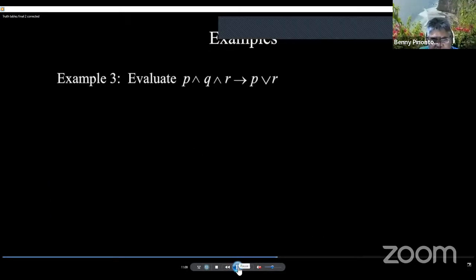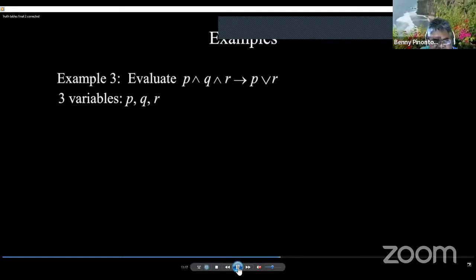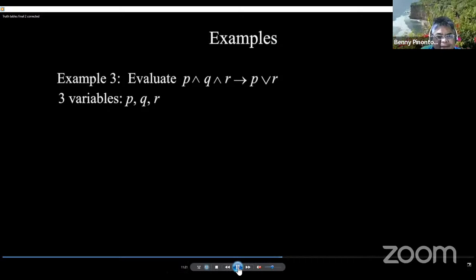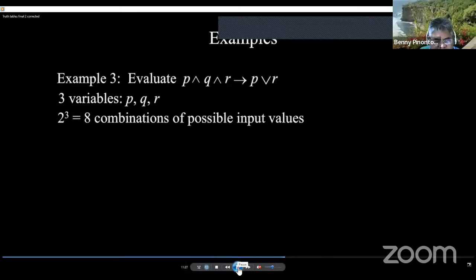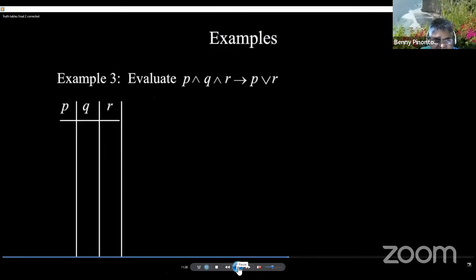Okay, so now the next example. I guess I made a mistake here, but we'll see. Now we have 3 variables, that is P, Q, and R. So the combination will be 8 combinations, that is 2 to the power 3. The 2 again is for the values 0 and 1, so those are all the possible values, and the 3 is because there are 3 variables.